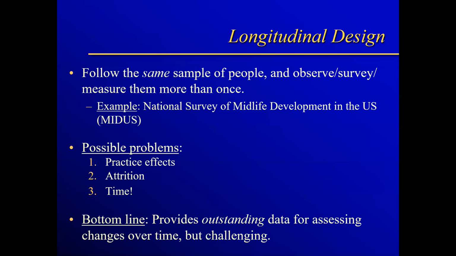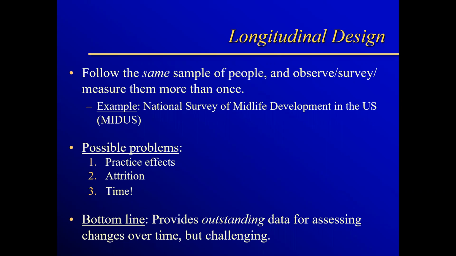It's called MIDAS, a national survey of midlife development in the US. This study has gone on since the mid-1990s, and it asks a bunch of things about personality, a lot of things you think of when you think about psychological concepts.